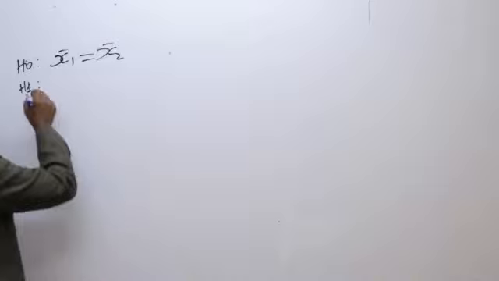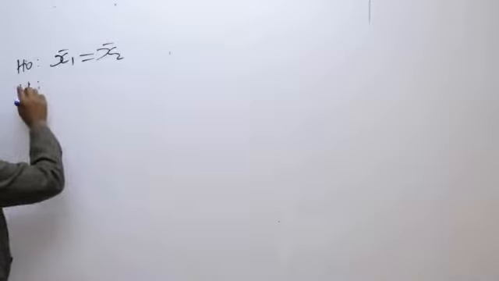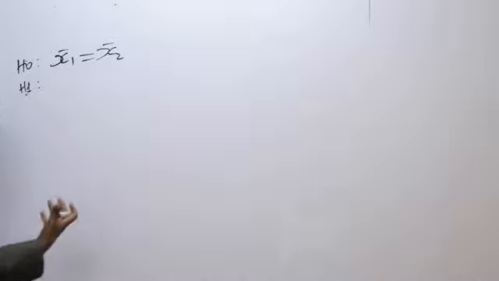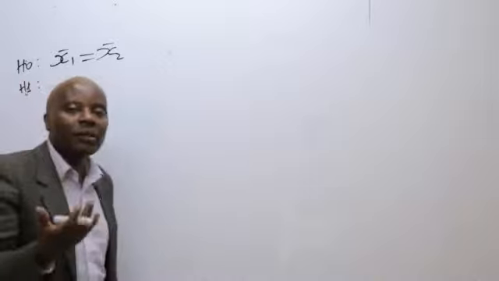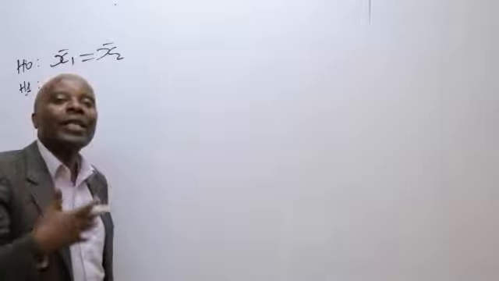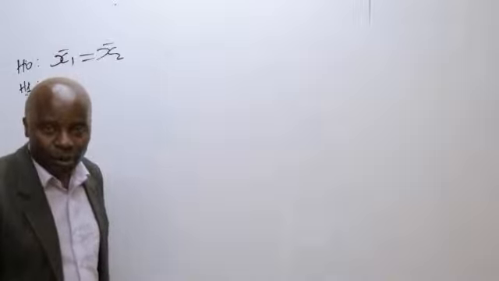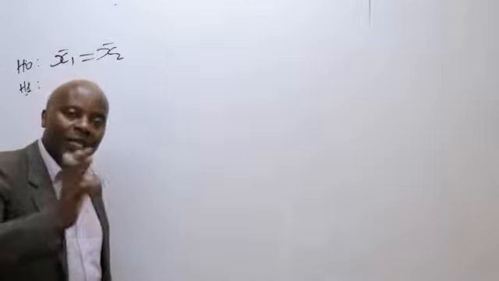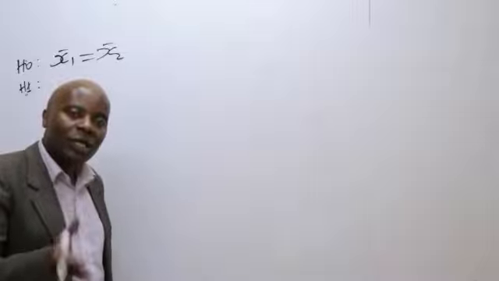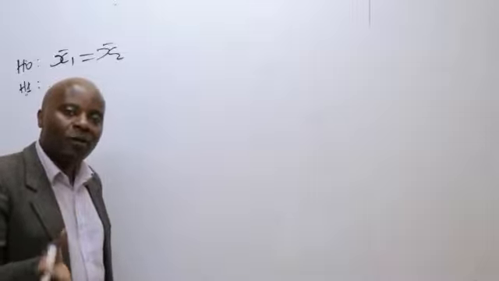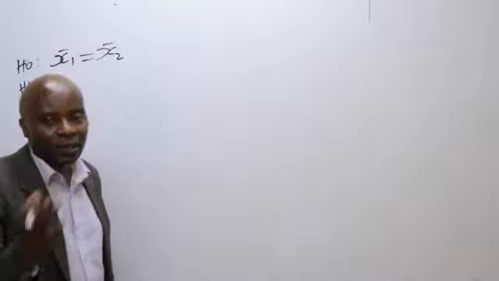And then the alternative hypothesis, they haven't told us to study and tell them whether x bar 1 is greater than x bar 2. They just want us to study, analyze, and see whether the two variables are significantly different.